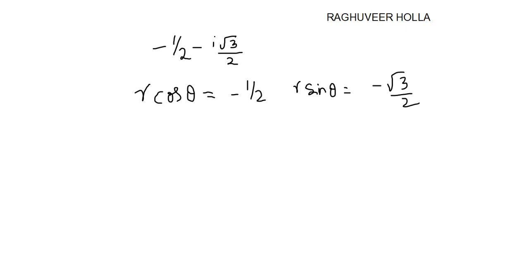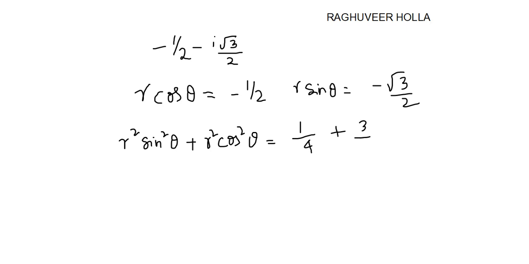Now squaring and adding, we get r square sin square theta plus r square cos square theta, which is equal to 1 by 4 plus 3 by 4, which results in 1. We know that cos square theta plus sin square theta is 1, so you get r square equal to 1. This implies r is equal to 1.